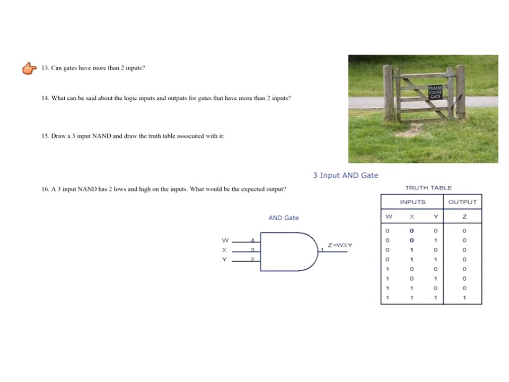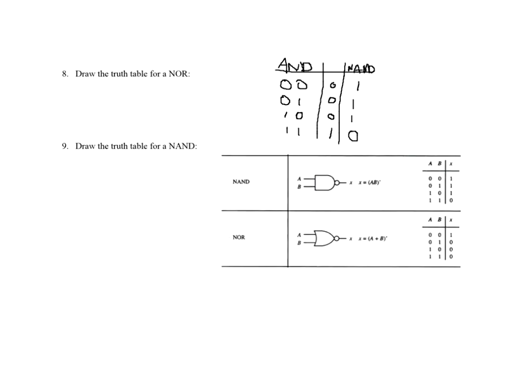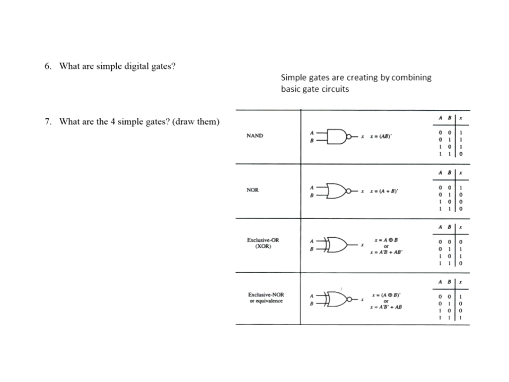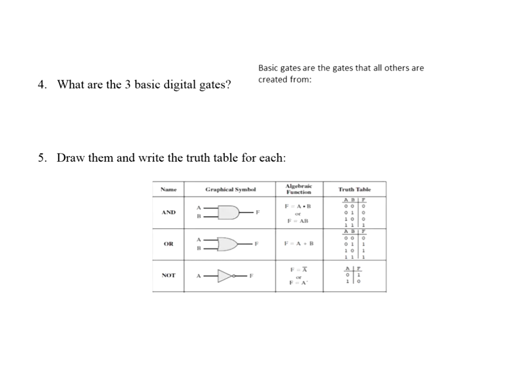Can gates have more than 2 inputs? Yes, they can. Look, here's a 3-input NAND gate. I can have a 10-input NAND gate if I want. What can be said about the logic inputs and outputs for gates that have more than 2 inputs? They will behave exactly the same as a 2-input gate. For example, if I had an AND gate, I'm only going to get an output when they're all high.